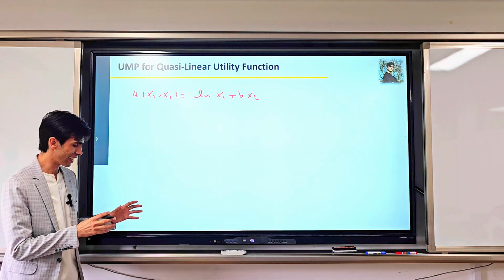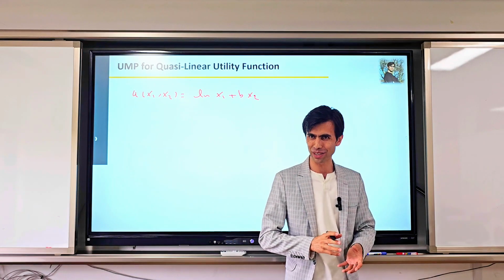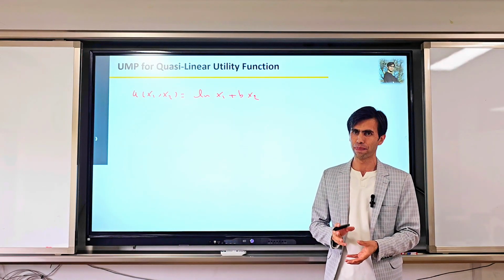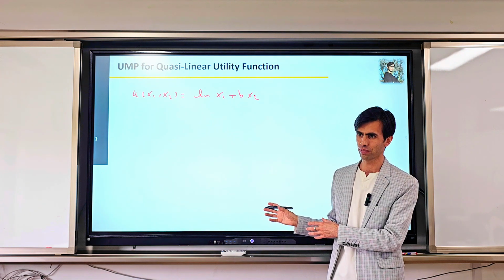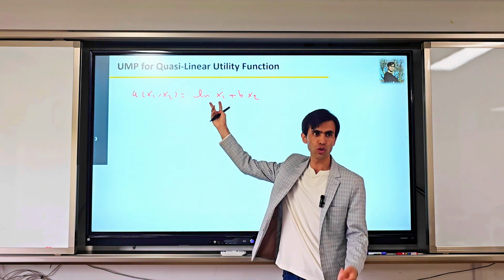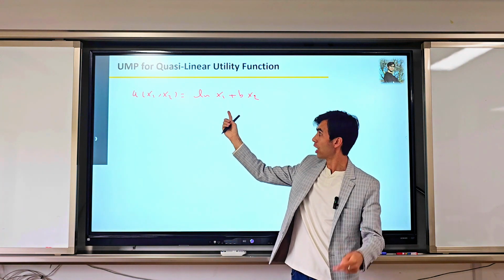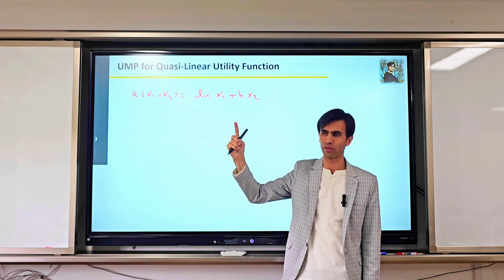We can say this type of utility function is a kind of combination of, for example, Cobb-Douglas and perfect substitutes. Why do I say that? Because here, ln of x1 can be twice differentiable, but x2 can be differentiable just one time.